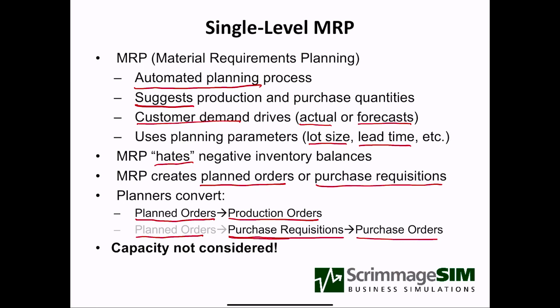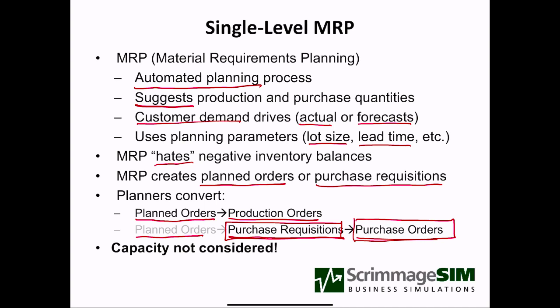The purchase requisition is a request to the purchasing department to purchase that material. Purchasing will take that requisition and create a purchase order. Some of the things they'll do is select a particular supplier for that order. They may adjust something in the timing as well.